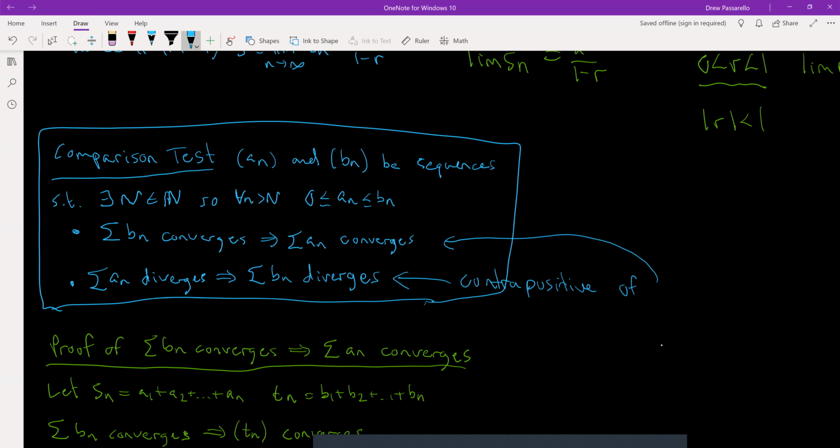Now notice that this is the contrapositive of this one. Because if the series bn converges implies that the series an converges, it follows by contraposition that the series an diverges implies the series bn diverges. So for the proof of the comparison test, I just show the first case.